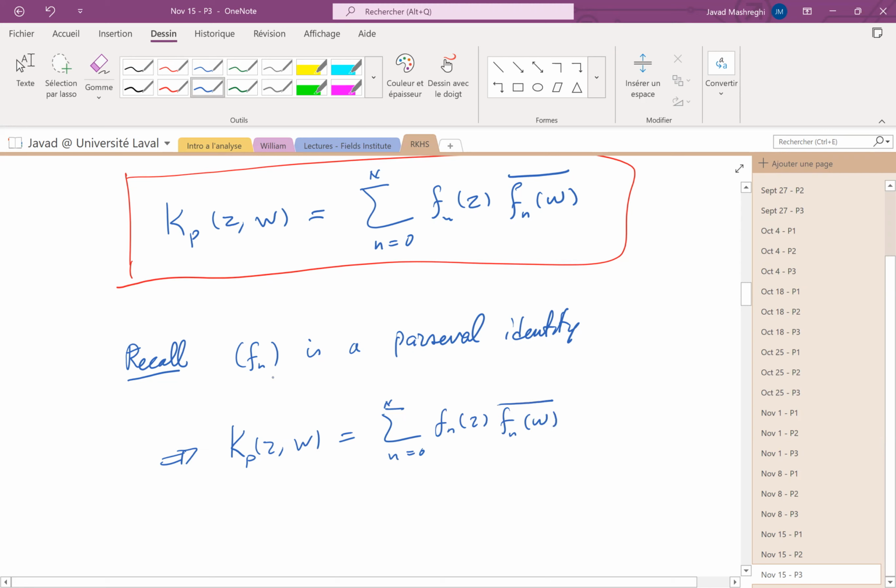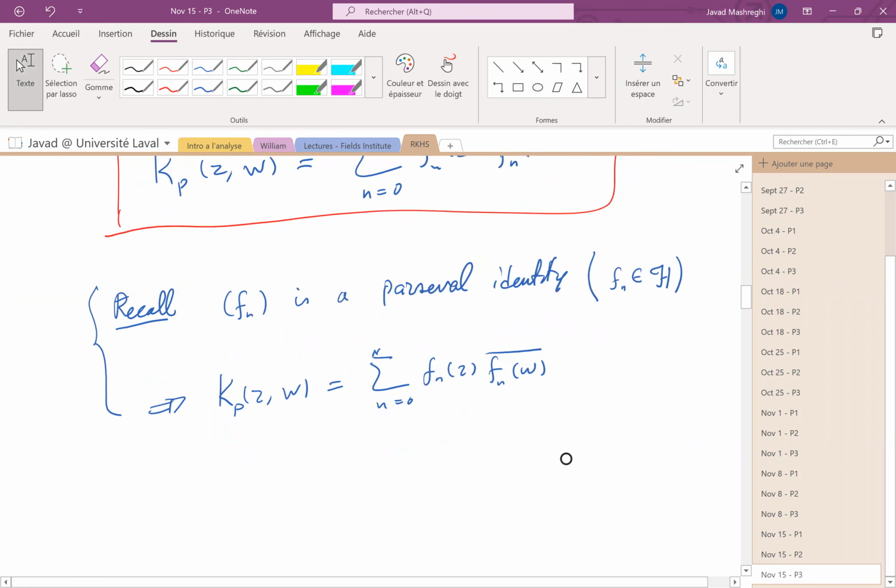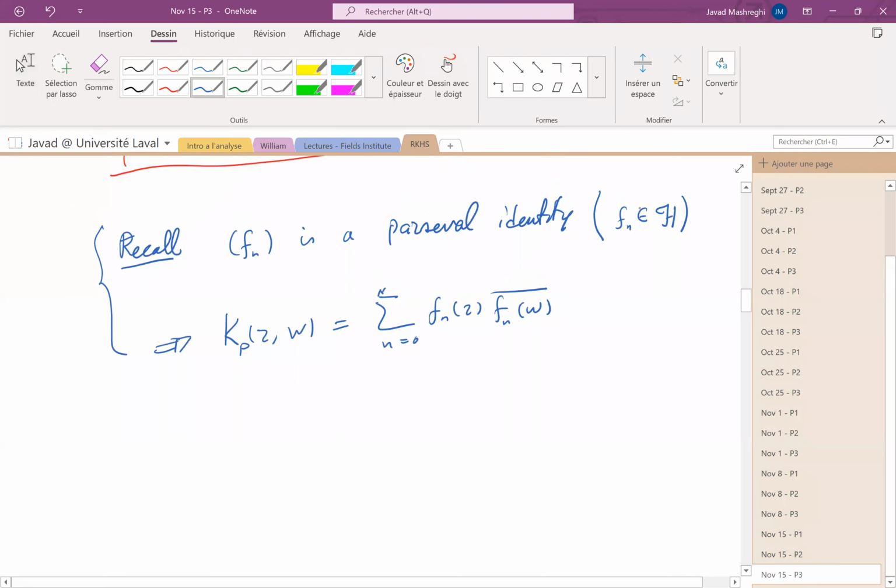However, when we say it is a Parseval frame, it is hidden in the assumption that F_n is an element of the space H. It's already there. And then we have this identity. What is in the exercise, which is much more important, is that we do not make this assumption.